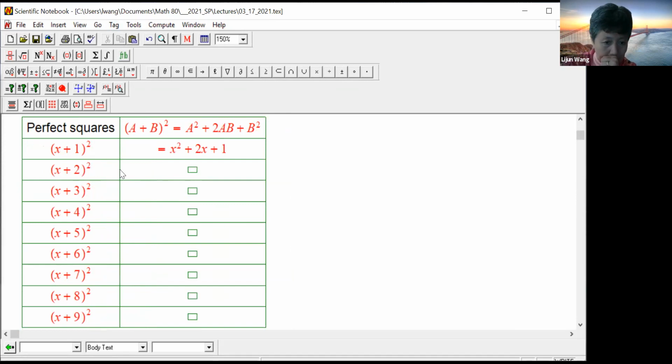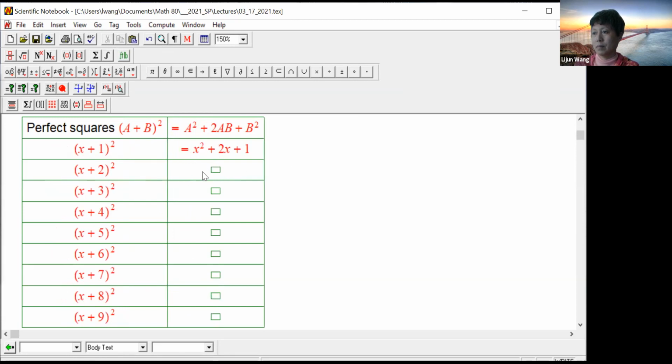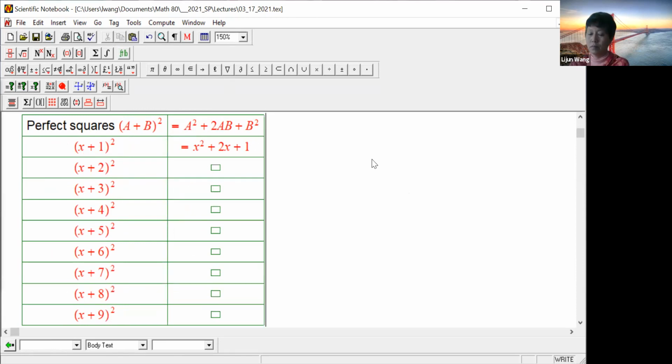What pattern have you found? What pattern have we found?